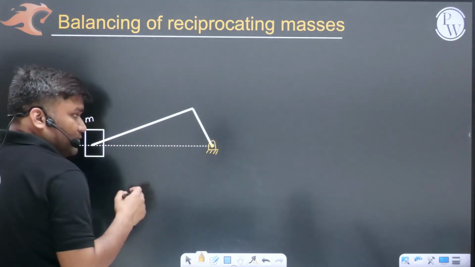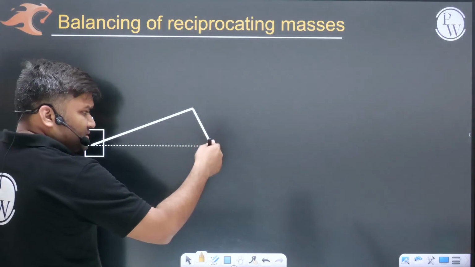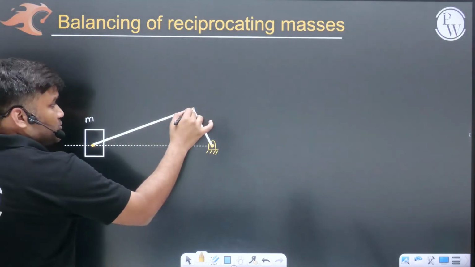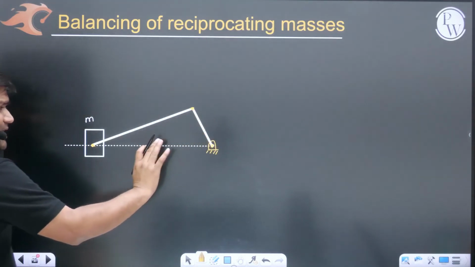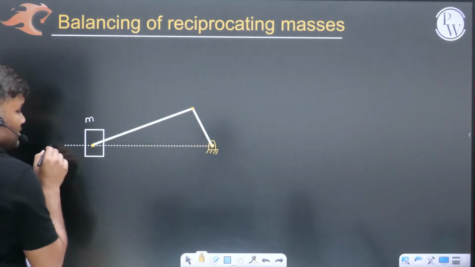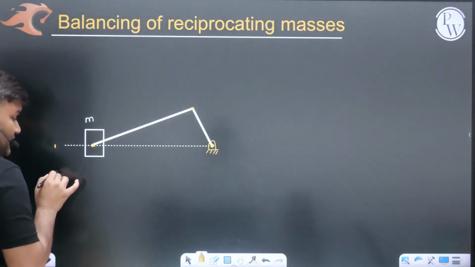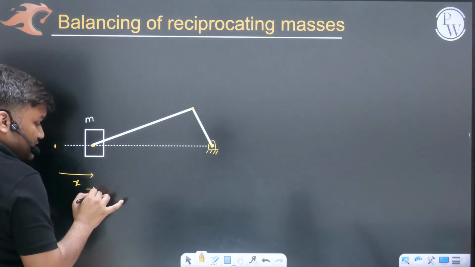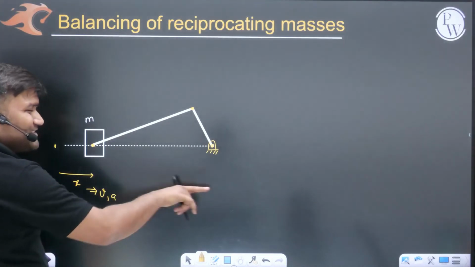careful. This is a frame. This is pin joint. This is also pin joint, beta. Earlier, at the start, when this crank was horizontal, crank was somewhere here. So piston was somewhere here. यहाँ पर piston था. It has traveled some x distance, and with v velocity, a acceleration, it is moving in this direction.